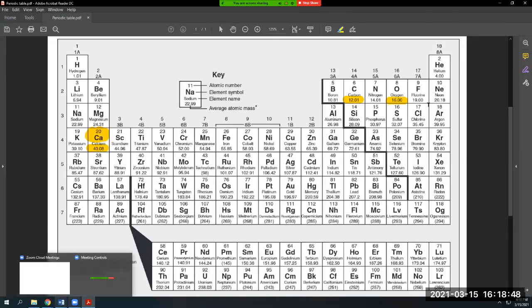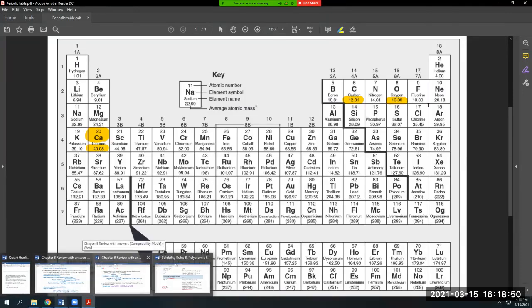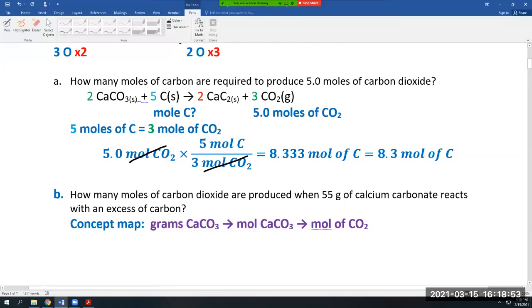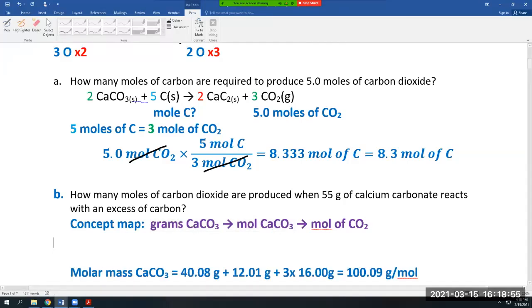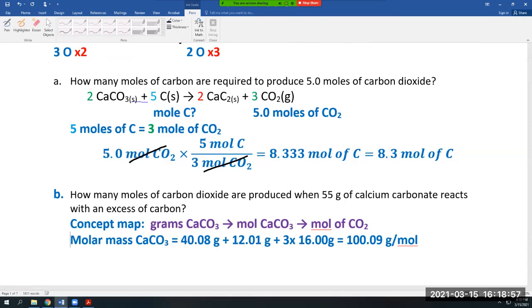So let's gather this together. So we have 1 calcium, so 40.08 times 1. 1 carbon, so plus 12.01 gram. And then 3 oxygens, right? So 16.00 times 3. You add this all together, and it's 100.09 grams per mole of CaCO3.